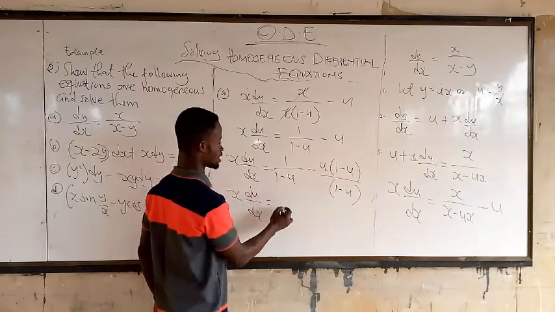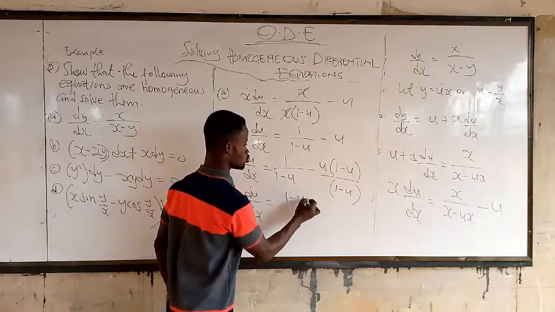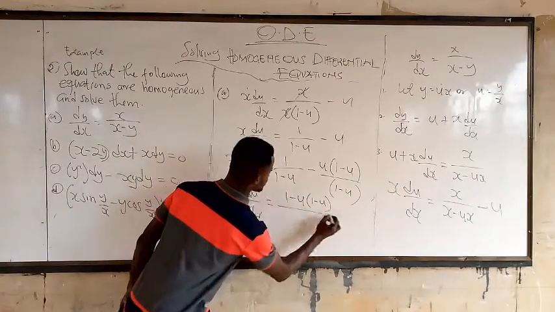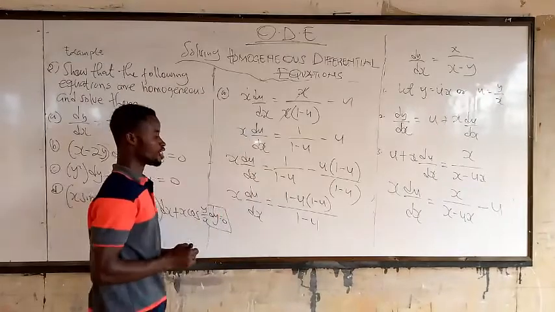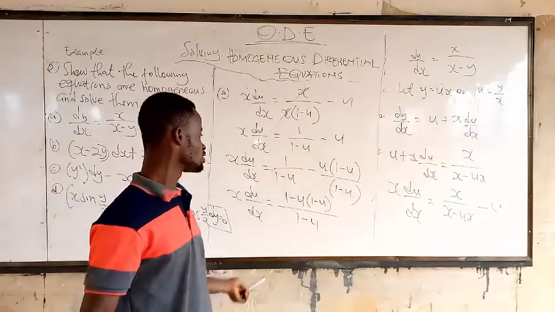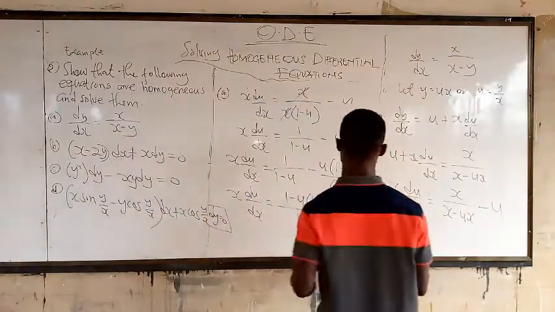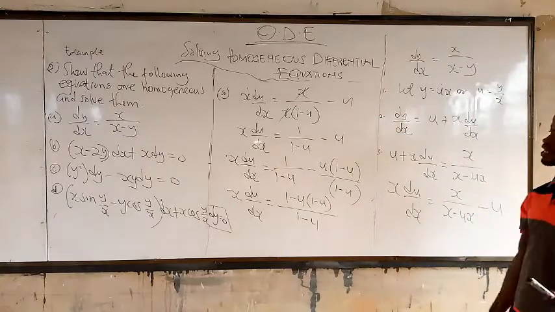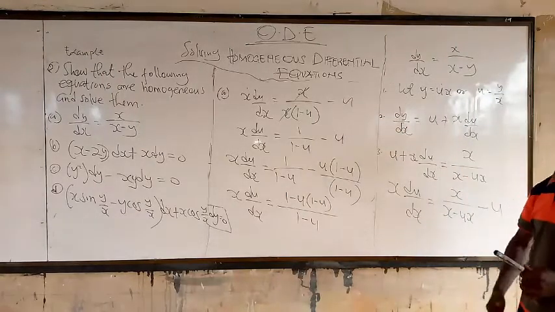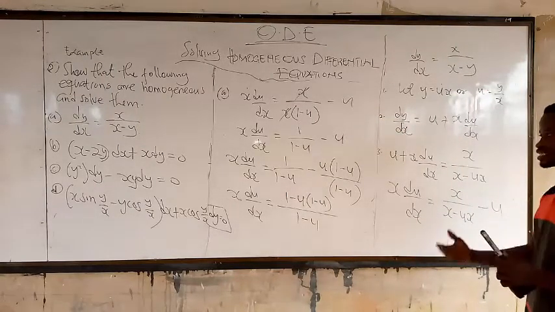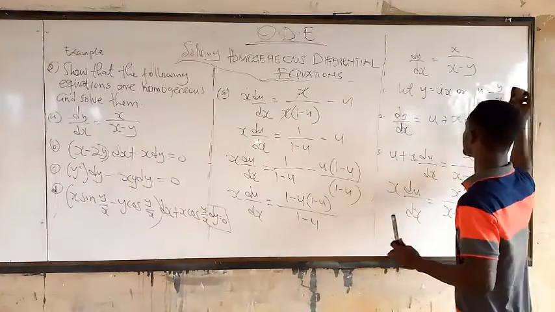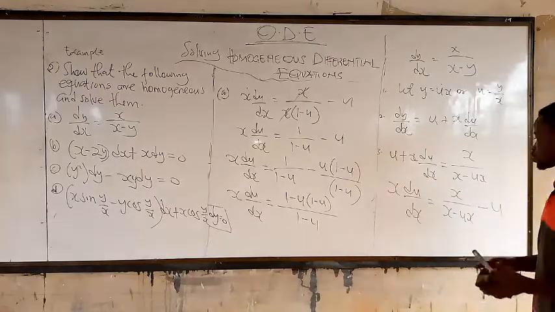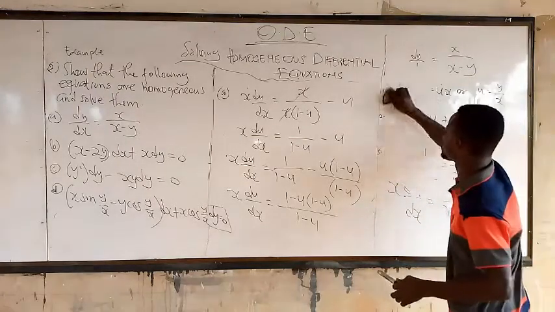And here we get 1 minus u, all over 1 minus u. We have achieved the same denominator. Alright. So the fourth stage is where we are, that is solving it by a separable differential equation. Right after doing the substitution, you have just transformed it to a separable.